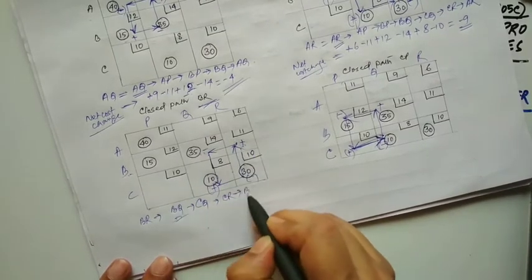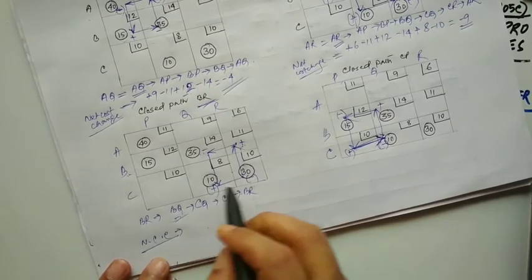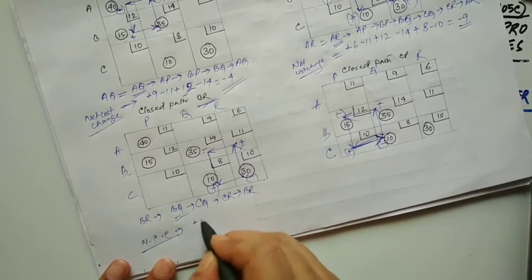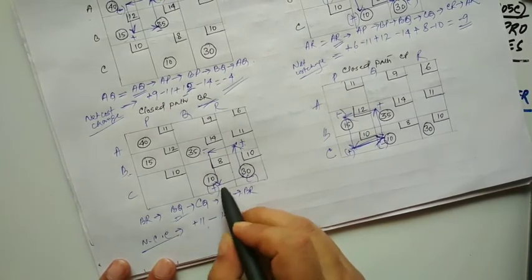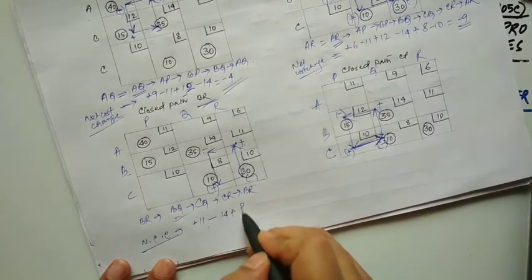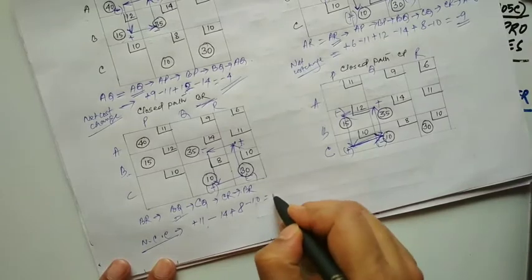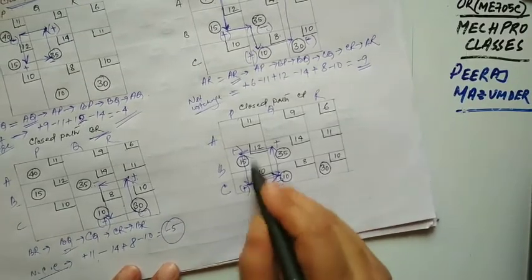Now the net cost change gives you plus 11, minus 14, plus 8, minus 10. That will give you minus 5. Now come to this one.